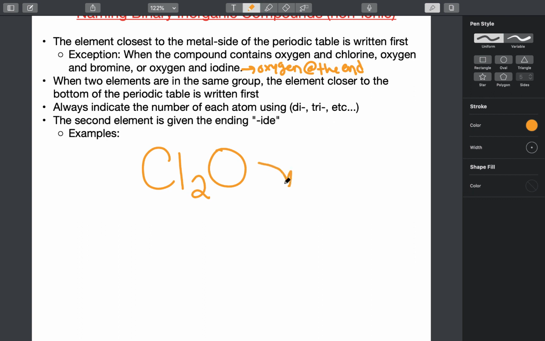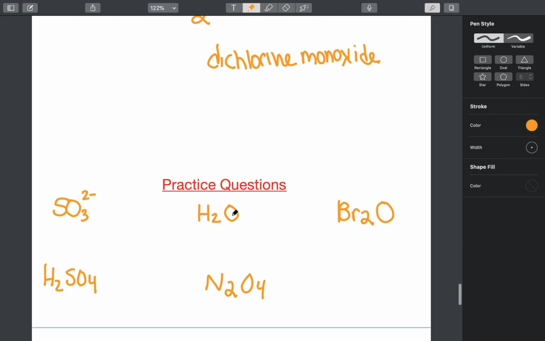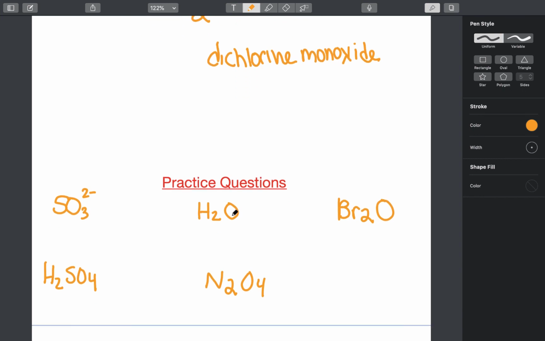So you would have to write it as dichlorine monoxide. So you add the "ide" to the end and put the chlorine in front. So that's it for all of the rules that I talked about.